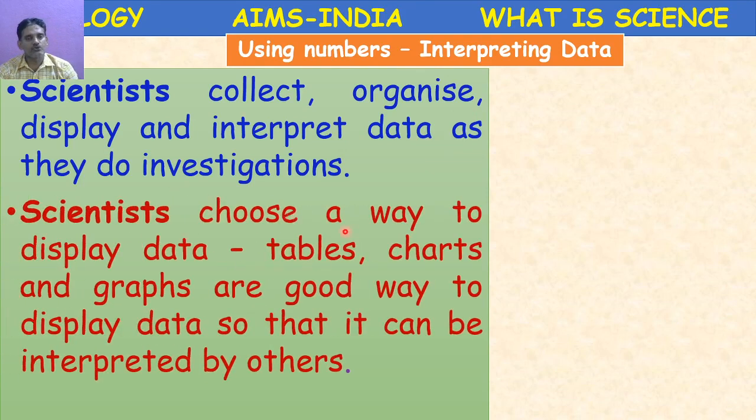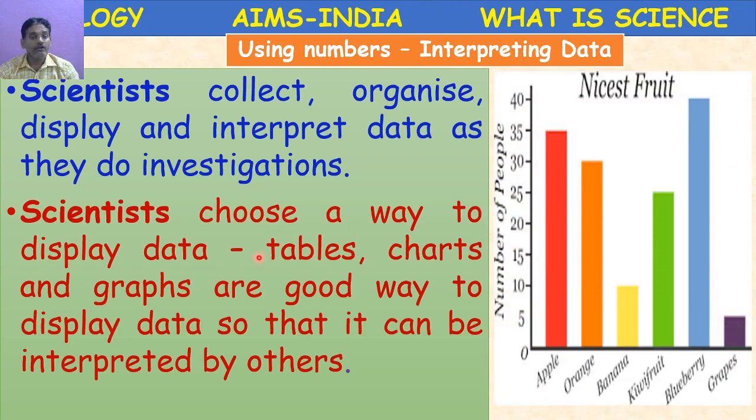Next, scientists choose a way to display data. The data can be displayed in different ways: in the form of tables, charts, and graphs. These three, tables, charts, and graphs, are good ways to display the data so that it can be interpreted by others.